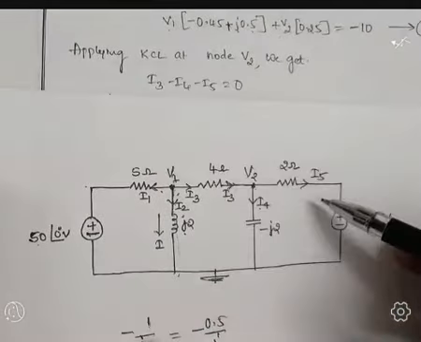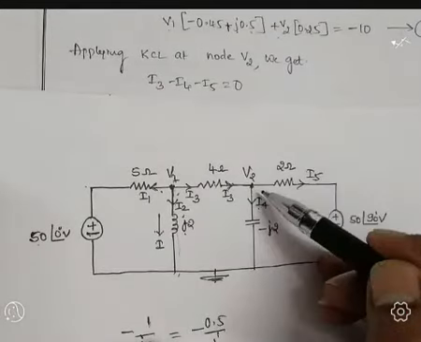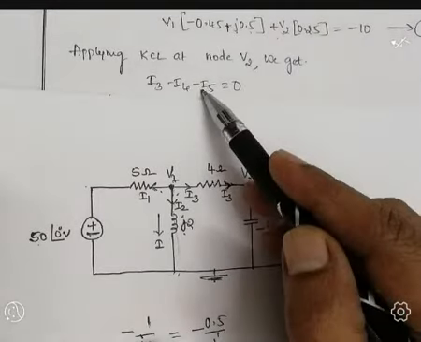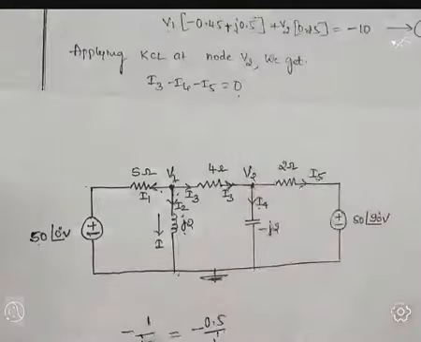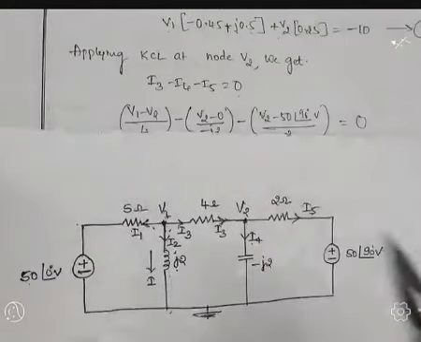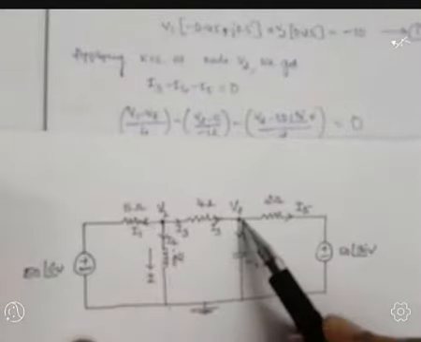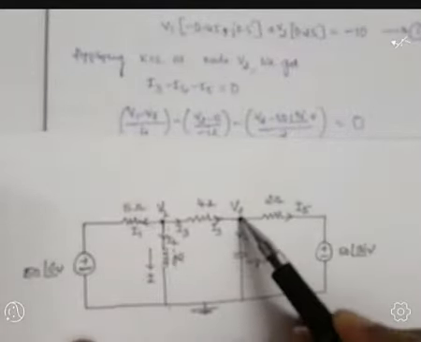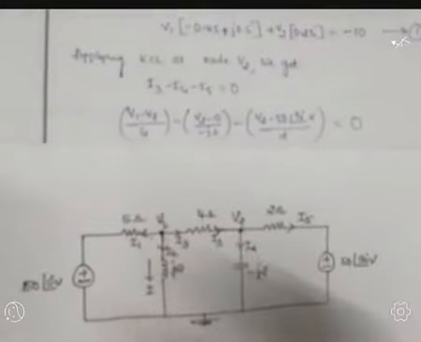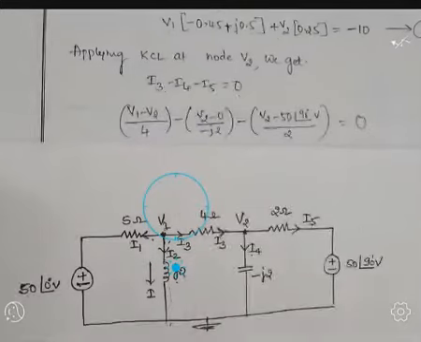Next, current I5 is moving away, so it is minus I5 is equal to 0. Next, substitution of the values. I3 is moving from V1 to V2, hence (V1 minus V2) divided by 4.